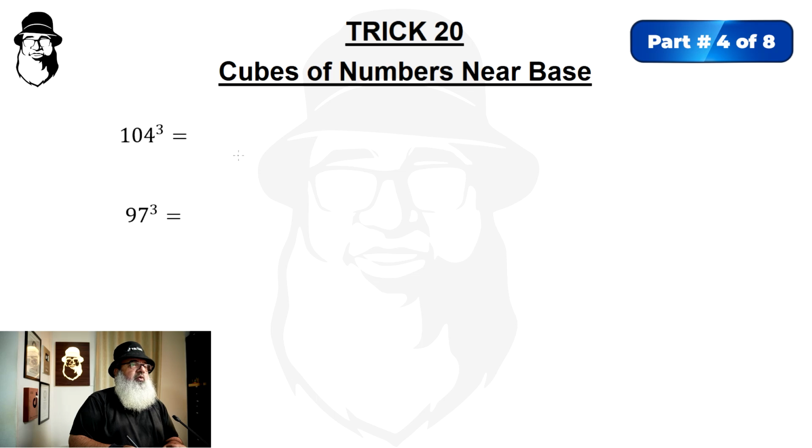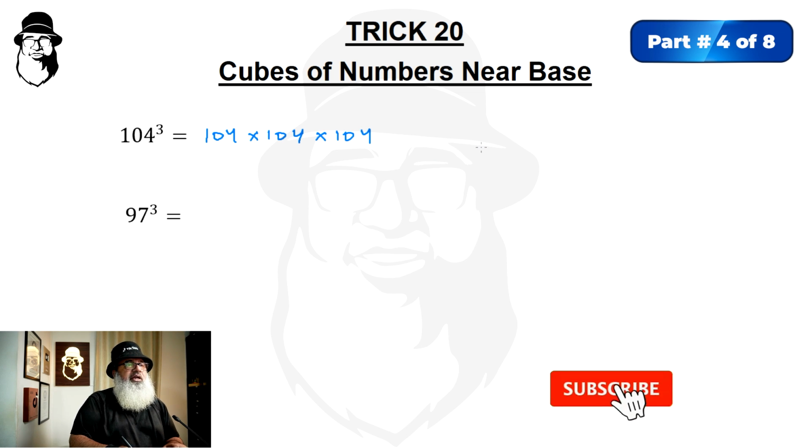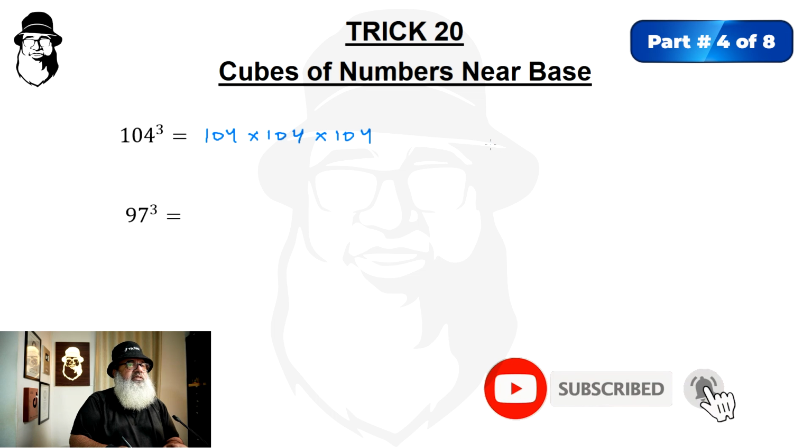Here 104 cubed means 104 times 104 times 104, right? So when the number is near base, it's very easy to take the square of that number or the cube of that number. We have already done how to square numbers near base. The same concept is extended here.